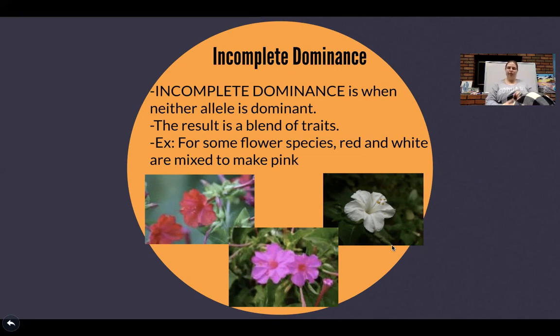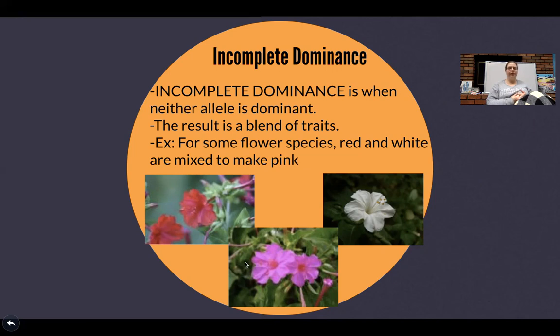If you cross those two flowers, you don't get a red offspring, you don't get a white offspring, you get this right here. The heterozygous offspring of this cross end up blended.